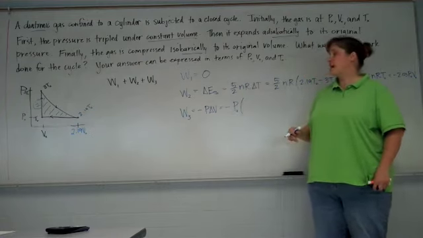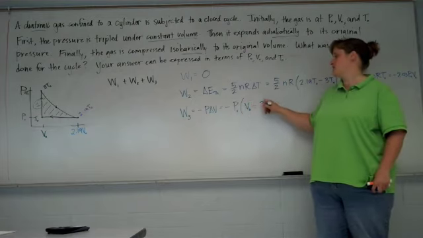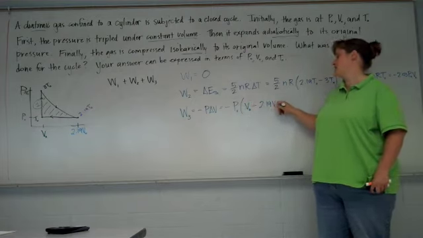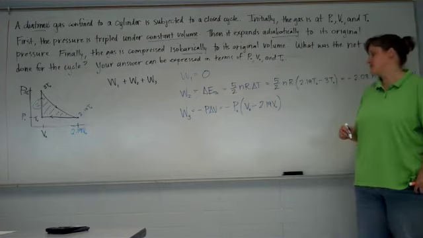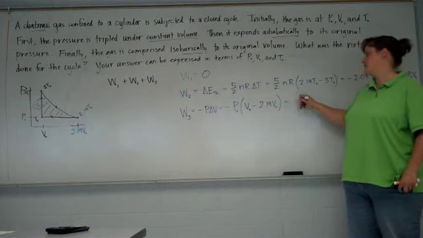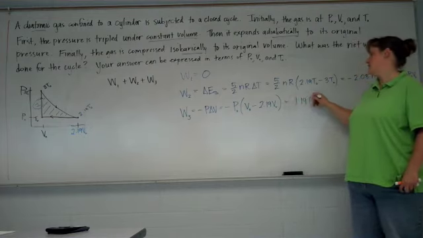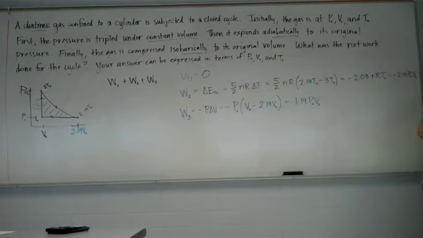Delta V means V final, which is V naught, minus V initial, which is 2.19 V naught. 1 minus 2.19 is going to be negative 1.19. Negative signs will cancel. So the work during that step is positive 1.19 P naught V naught.